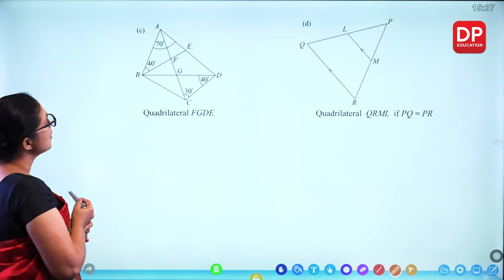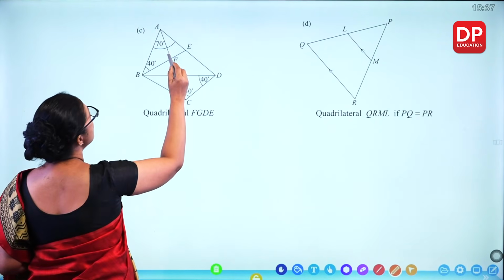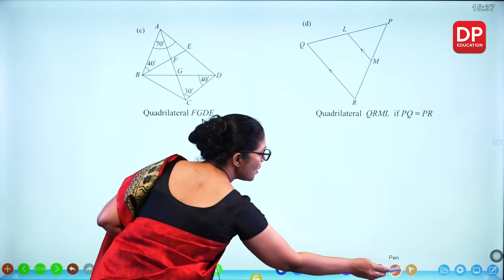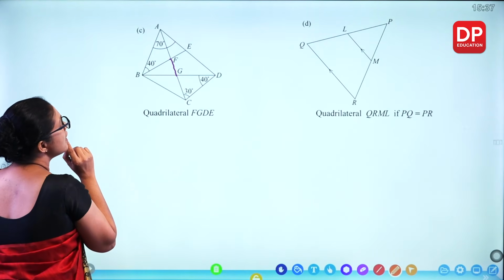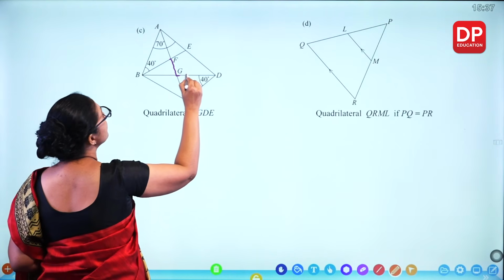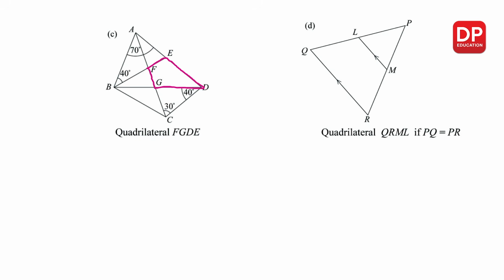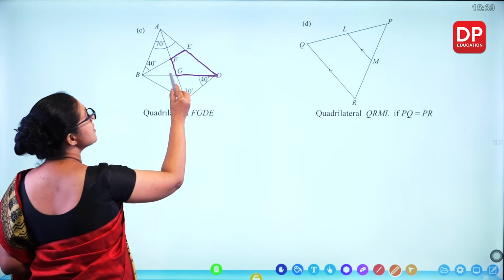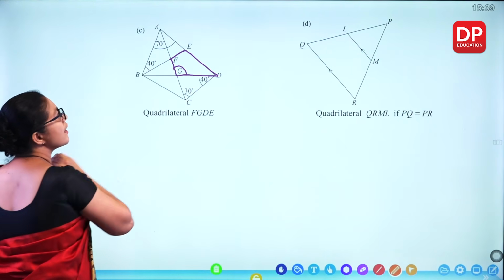Next part, quadrilateral FGDE. Identify that one, this one. Look at this angle, G angle.